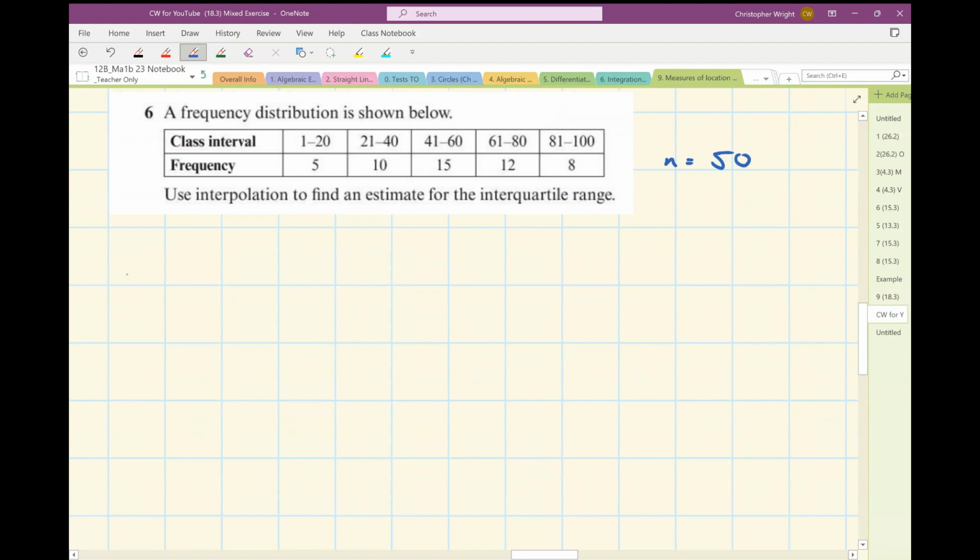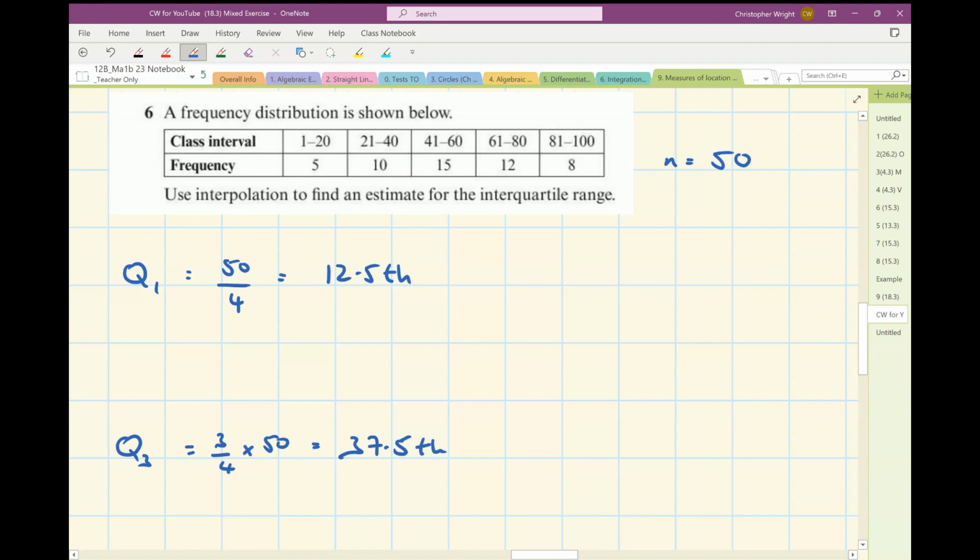So, given that this is continuous data, Q1 will be which data value? Well, 50 over 4, it'll be the 12th and a half data value. And in the same way, Q3 will be 3/4 of 50. It will be the 37th and a half data value.